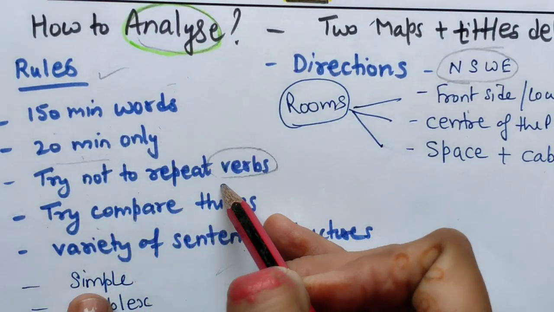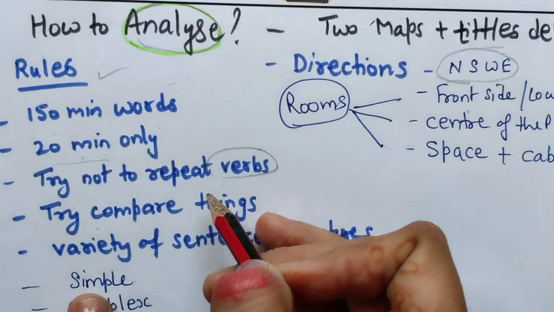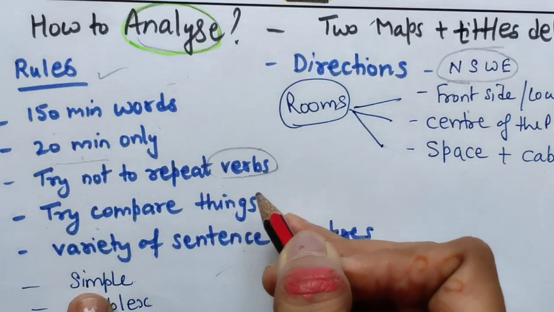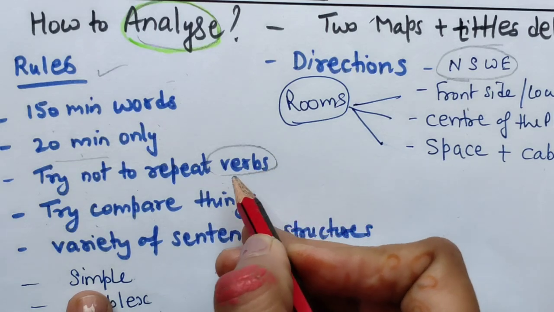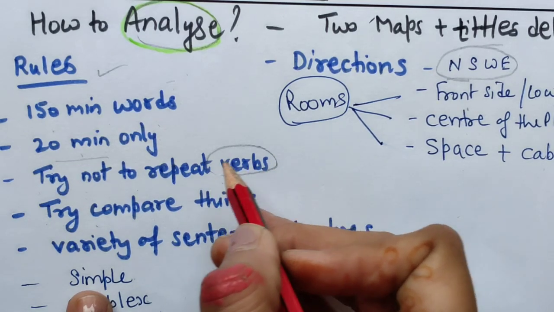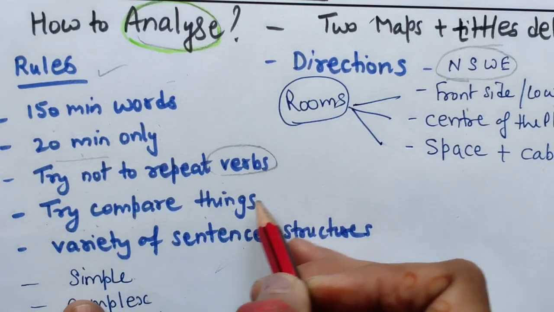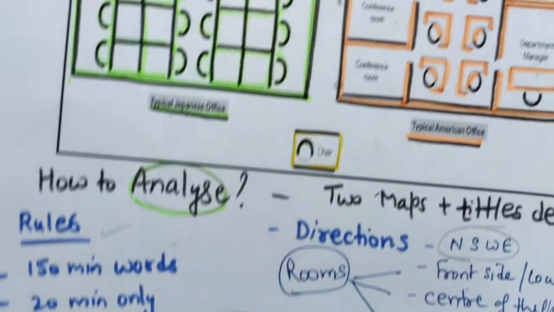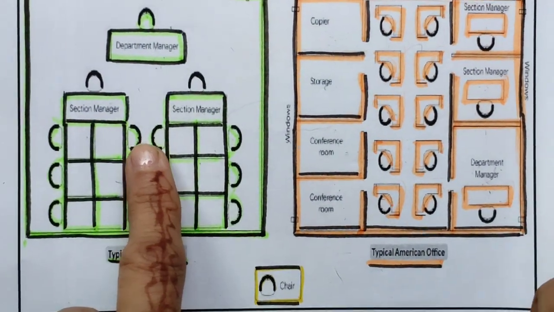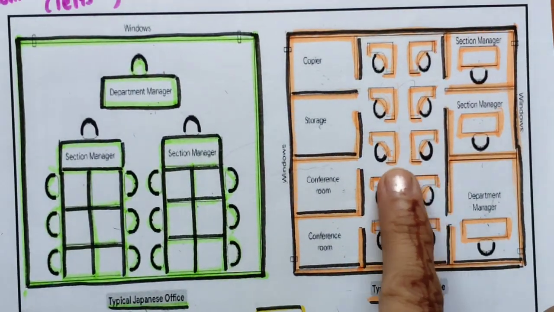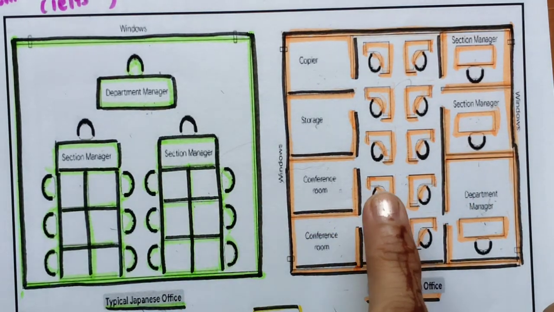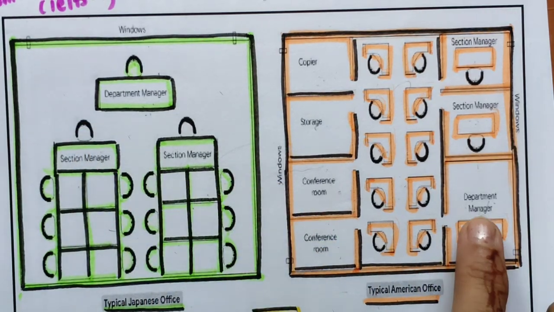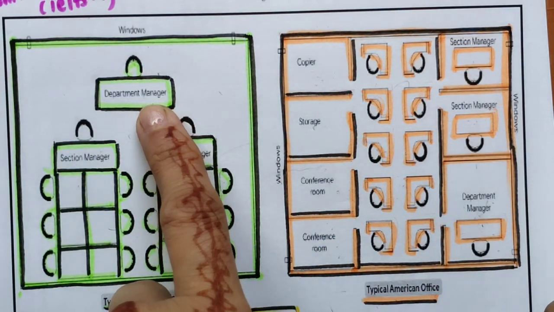Try not to repeat the verbs. If you repeat the verbs like increase, increment, decrease, many verbs you are repeating. In fact, I am also doing it, but I can proofread my essay after writing it. So try to compare the things. If you do not compare between the things, like if I write a body detail paragraph about this and a separate one about this, that's okay, but at least 2 or 3 categories, like here I can compare the department manager with this one.